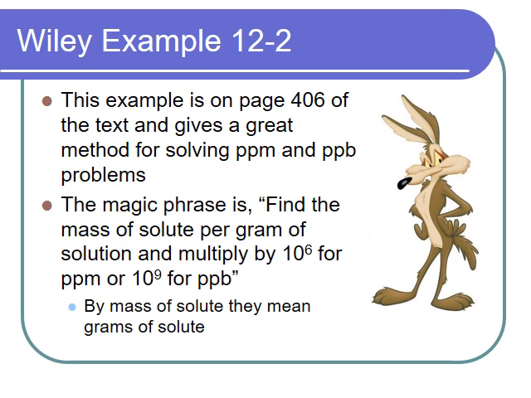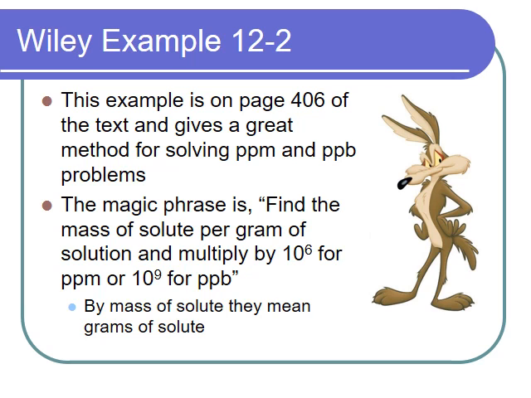The phrase you want to get out of that example is find the mass of solute per gram of solution, multiply by 10 to the 6th for parts per million, 10 to the 9th for parts per billion. And when they mean mass of solute, they mean grams of solute.